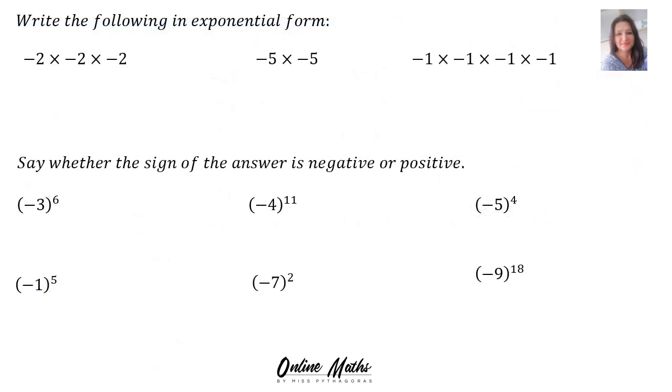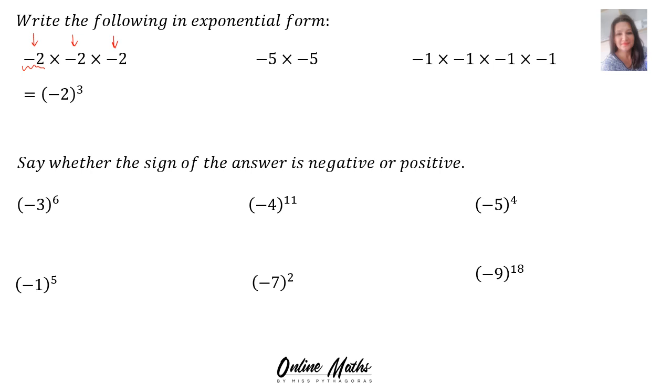Let's write the following in exponential form. So when I give you -2 times -2 times -2, then the base is -2. And how many -2's are there? 1, 2, 3. So that thing inside a bracket is equal to -2 to the power of 3, or -2 cubed.